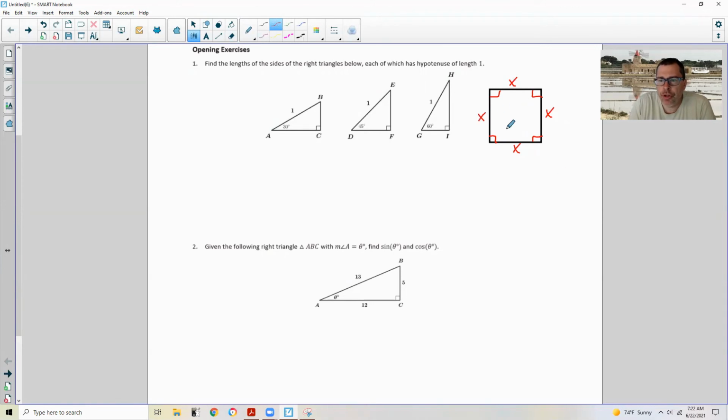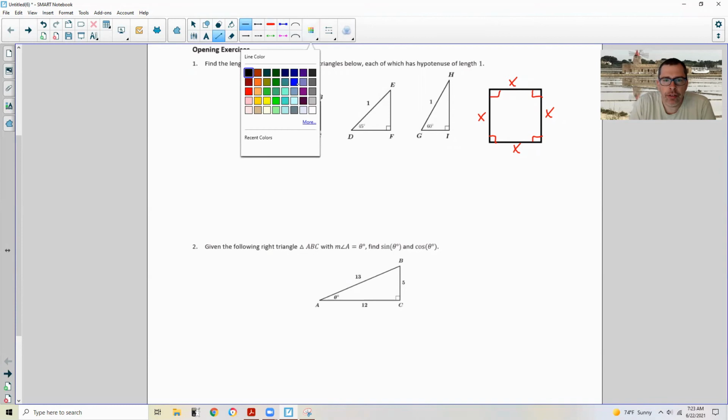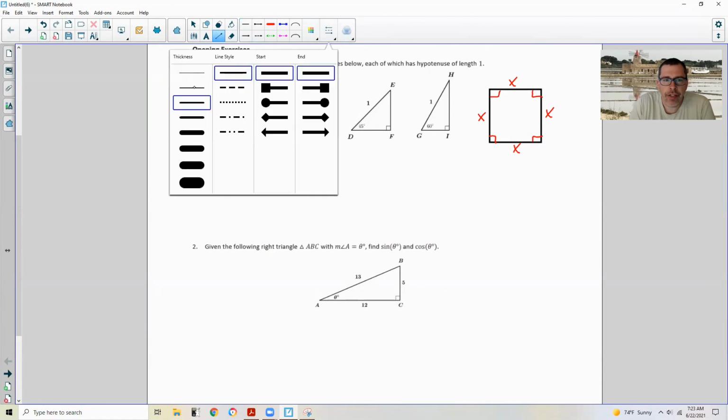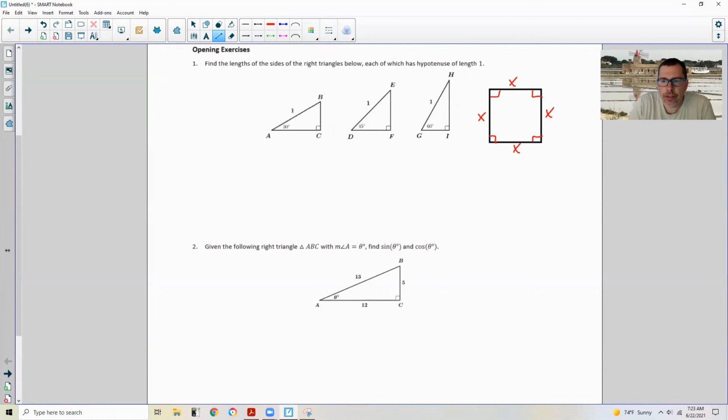So this is what we know from pre-geometry, back in 7th, 8th grade. A square is a quadrilateral with 4 sides that are equal in length and 2 sets of parallel sides, with 90-degree angles. And then when I cut a square in half, I get 2 triangles.